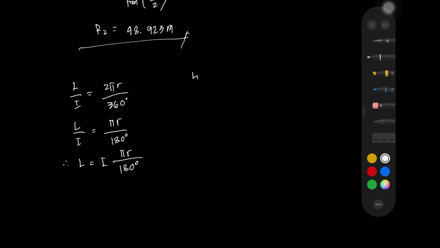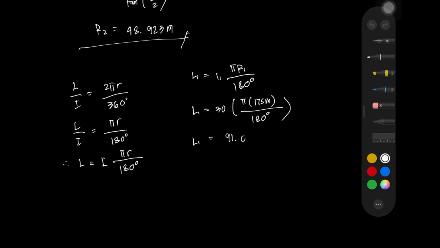Now to get L1, we have L1 is equal to I1 multiplied by pi r1 over 180 degrees. So L1 is equal to 30 multiplied by pi 175 meters over 180 degrees. So we have L1 is equal to 91.63 meters.